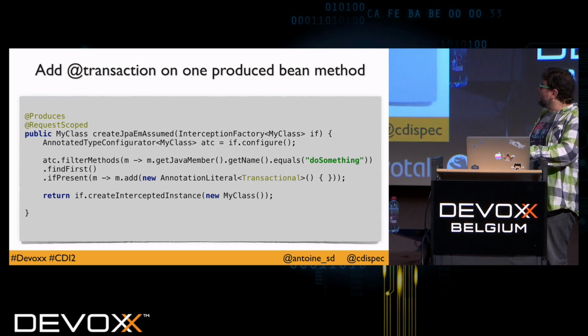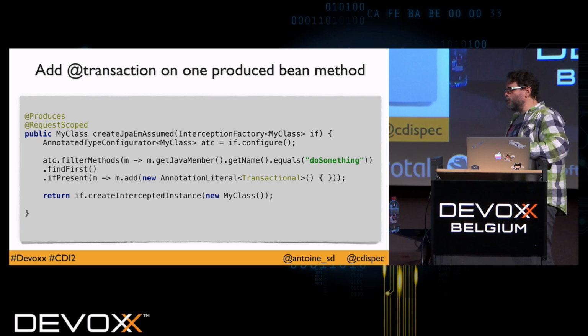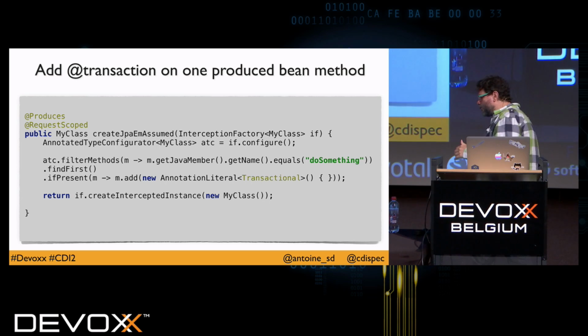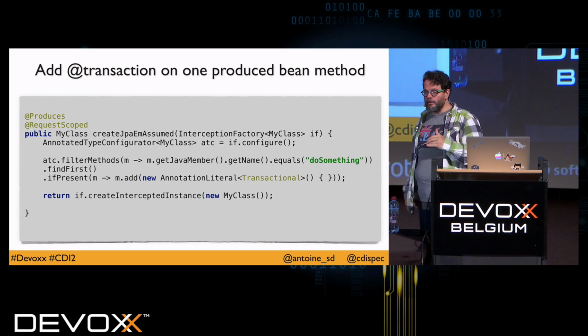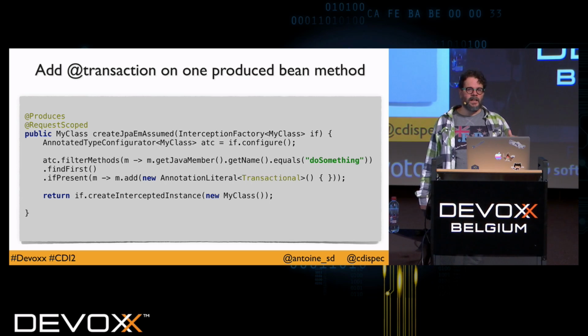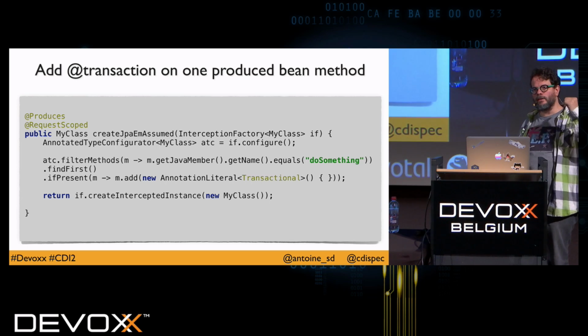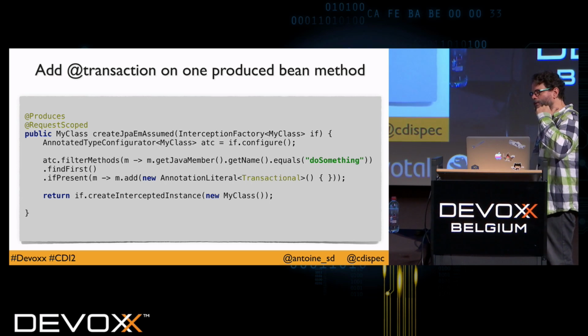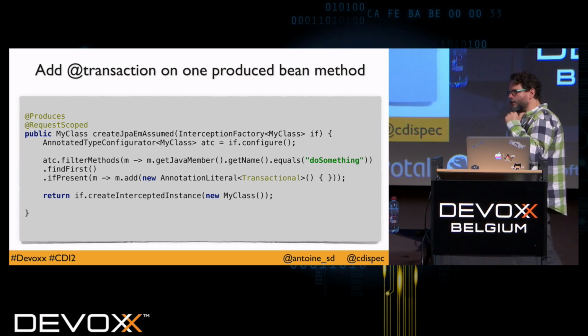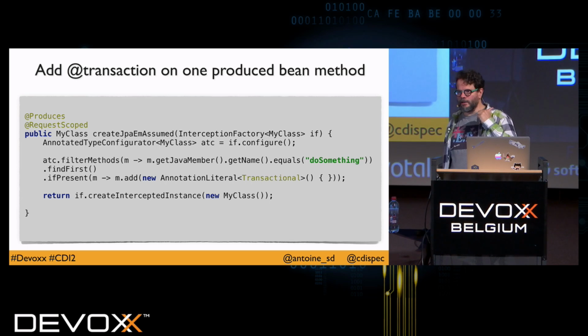And the InterceptionFactory provides as well the possibility to configure the underlying type, the annotations on the type, through an AnnotatedTypeConfigurator. So I'm doing quite the same as in my previous example, where you remember I replaced the @CacheContext by @Inject.